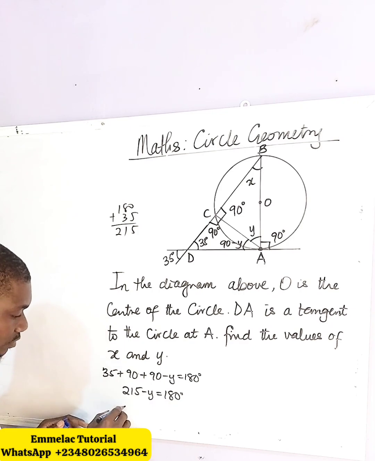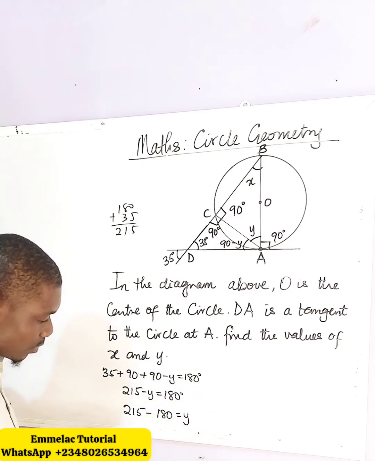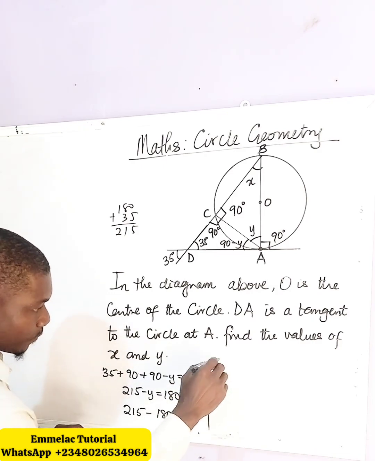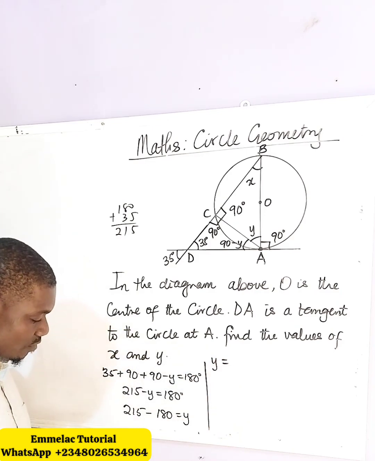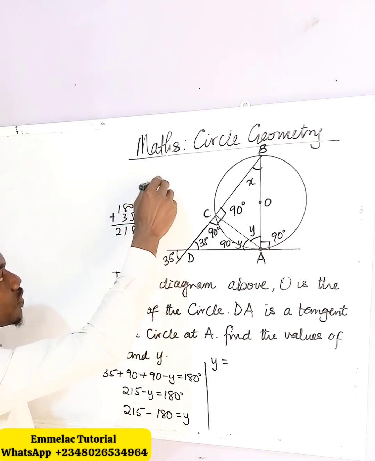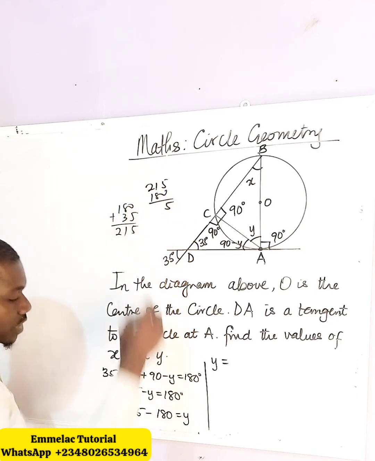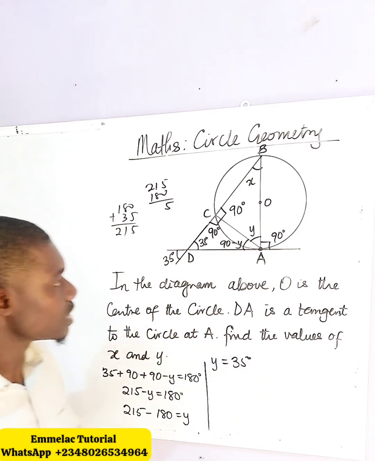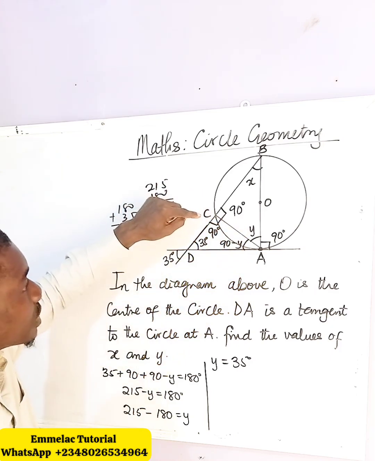So here we have 215 take away 180 equals y. So at this point, our y will be 215 minus 180, which is 35 degrees.